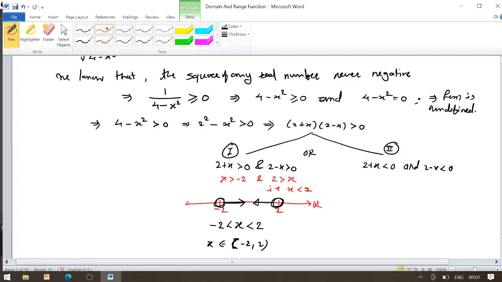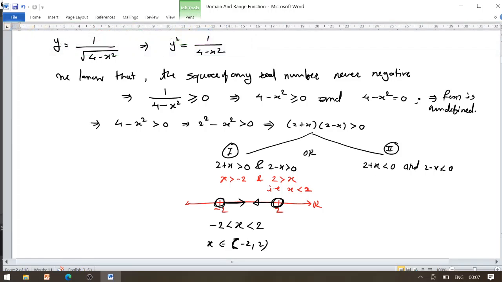Now as per the second case, we simplify all the inequalities. x should be strictly less than minus 2, and 2 is strictly less than x.